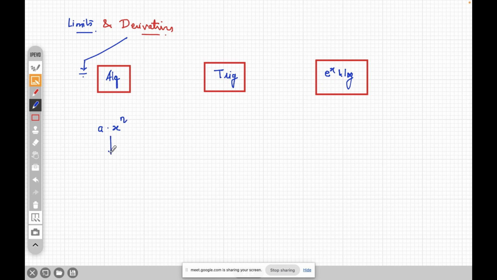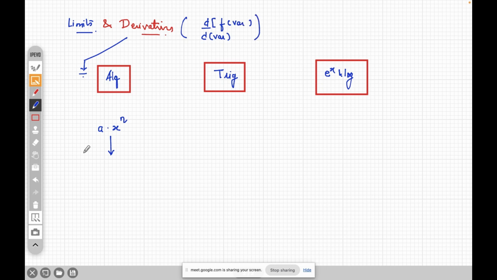If this function has to be differentiated, I write differentiation as d by d variable, with respect to which variable you are differentiating. And here what is written is the function which is being differentiated.